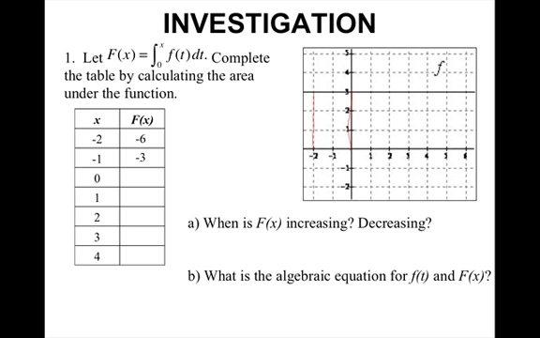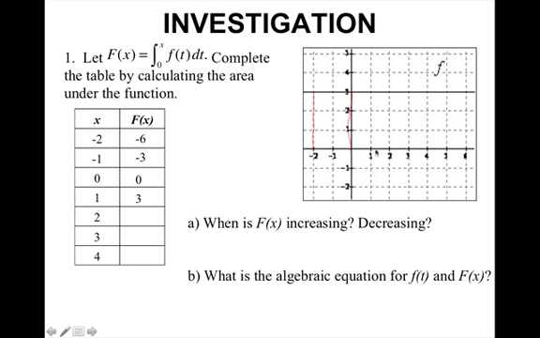Now I'm going to go from 0 to 0. Well, we know that property that you can't find the area at just one point, so the area underneath that is 0. Then we're going to do it from 0 to 1. From 0 to 1, I have a base of 1, a height of 3, so that gives me an area of 3.